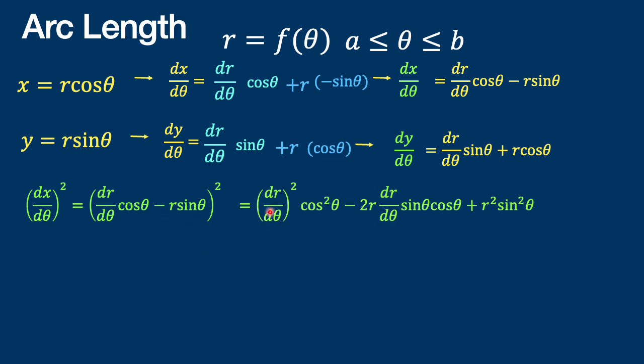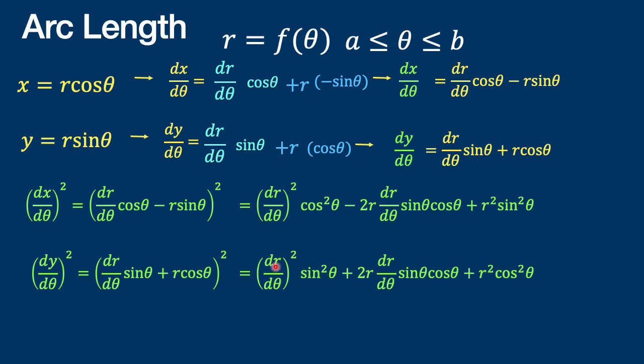So we FOIL it: (dr d theta) squared cosine squared theta minus 2 r dr d theta sine theta cosine theta plus r squared sine squared theta. Then dy d theta squared is (dr d theta sine theta plus r cosine theta) squared.